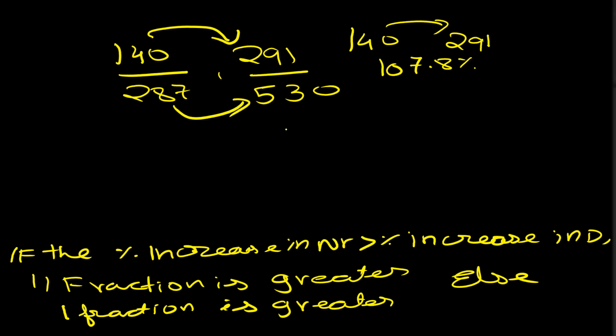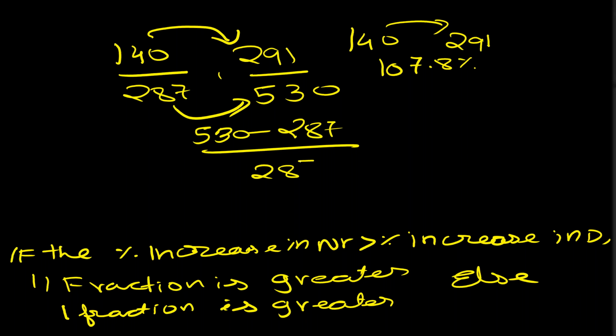So for the denominator, again I'm supposed to calculate: 530 minus 287, divided by 287, which is the initial value, right? Into 100.